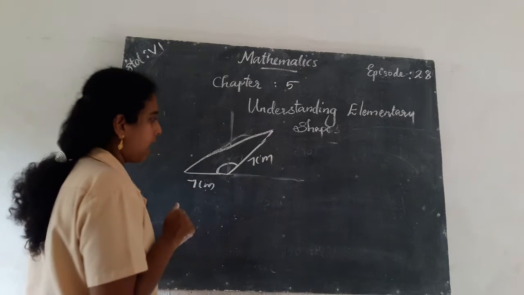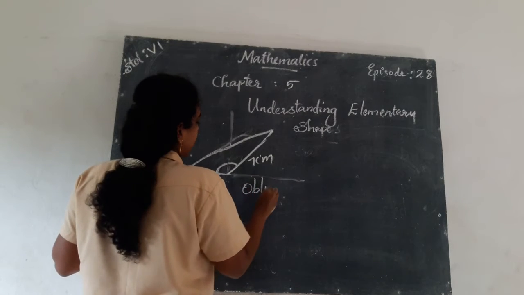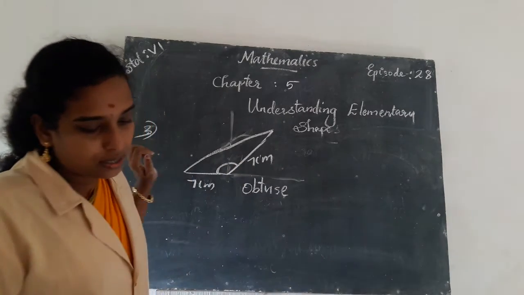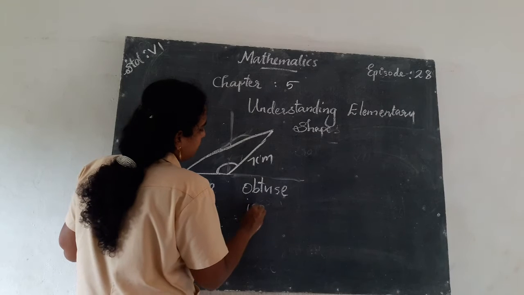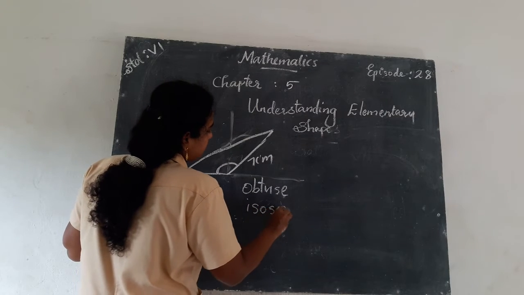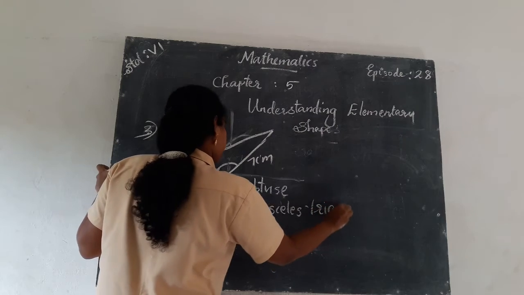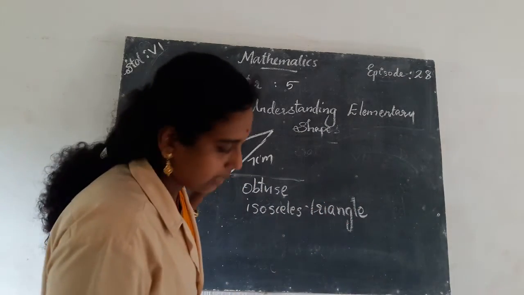So it's an obtuse angle. So this is an obtuse angled triangle. And the two sides are equal, so it is said to be an isosceles triangle. Then next question.